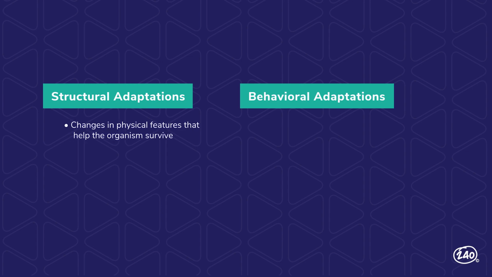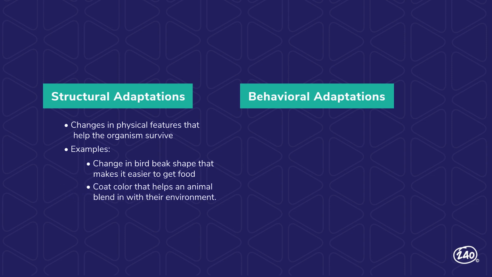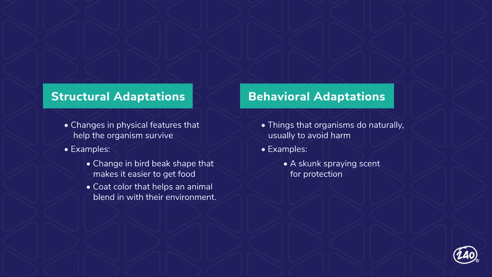Structural adaptations are physical features that help an organism survive. Think a bird species that develops a different beak shape that makes it easier to get food, or a coat color that helps an animal blend in with their environment. Behavioral adaptations are things that organisms do naturally, usually to avoid harm, like when a skunk sprays scent for protection or a bird migrates to avoid cold temperatures.